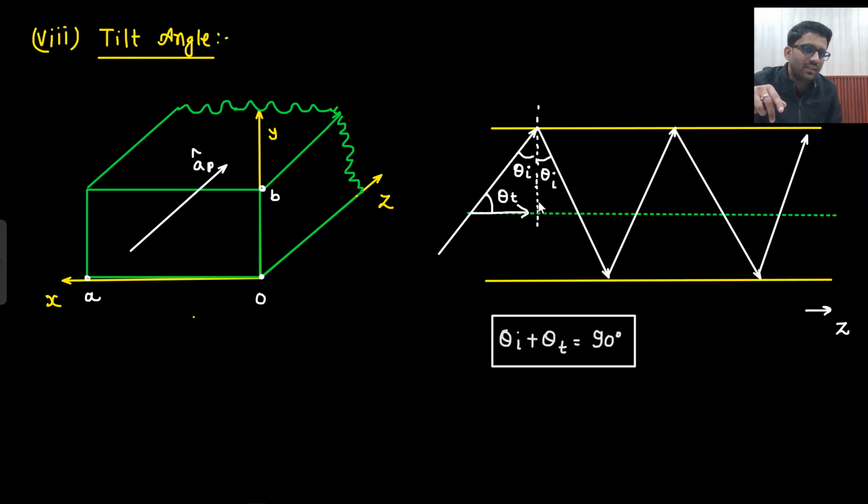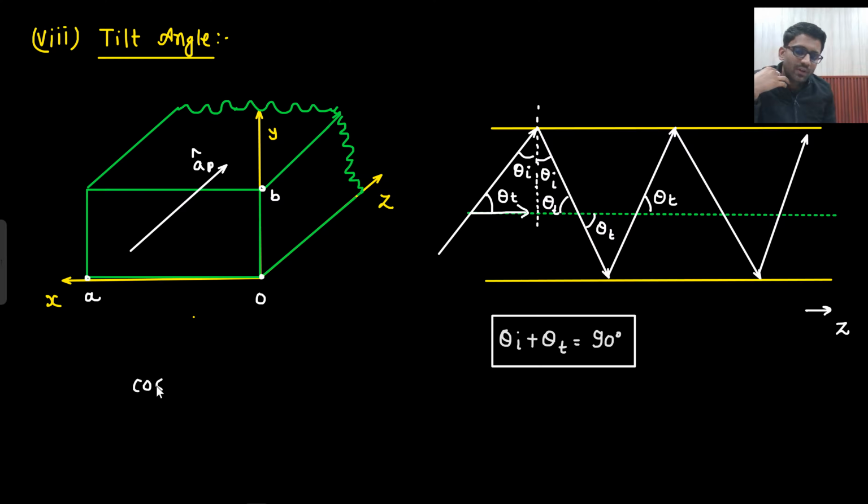If this is theta i, this would be 90 degrees, and this would be theta t only. So the angle between the incident wave and the direction of propagation is theta t. Sometimes in the examination they can mention theta t and ask you questions. Now what is this theta t equal to?